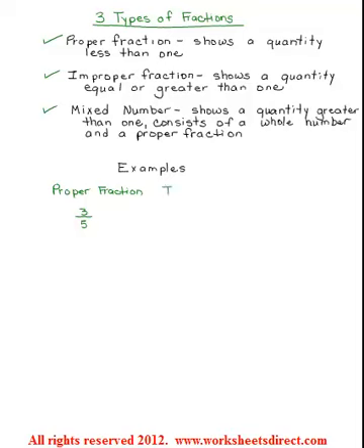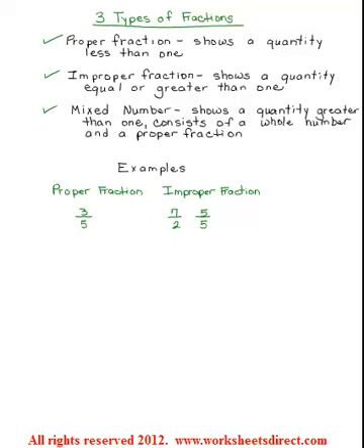Let's look at improper fractions. In an improper fraction, it's just the opposite of a proper fraction. The number on top could in fact be larger than the number on the bottom, or the numerator and the denominator could be equal.